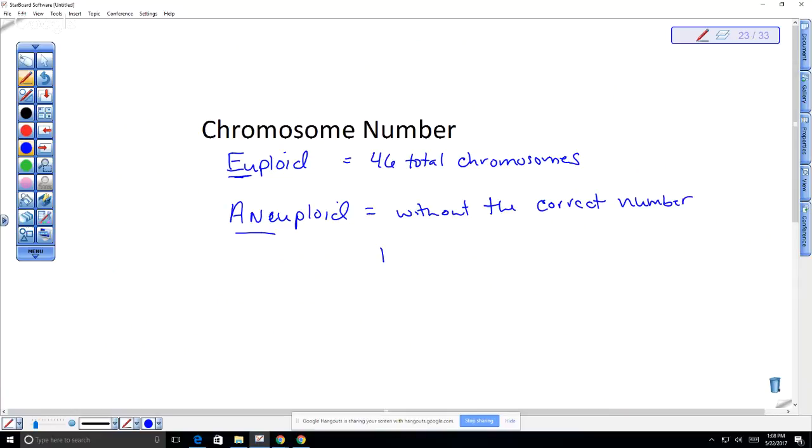But we have what is called trisomy. So that means that you have 3 copies of one chromosome. And sometimes this is written 2n plus 1. So 2n means that you would have 2 copies of every chromosome, so that would be 46, right?